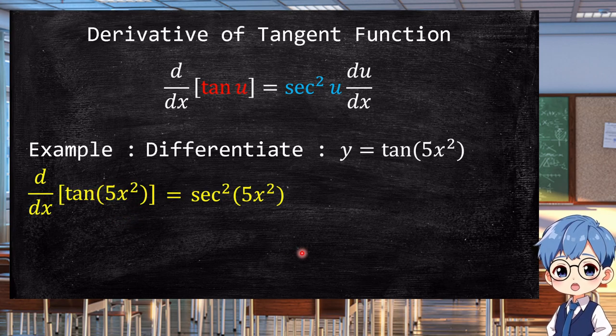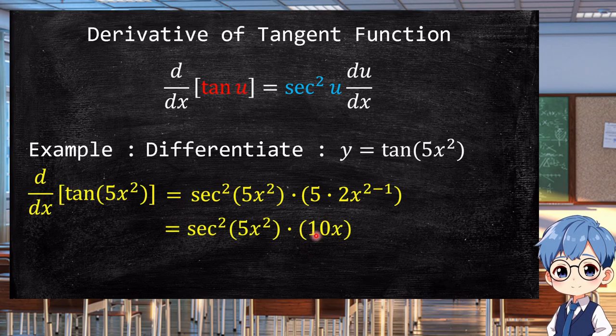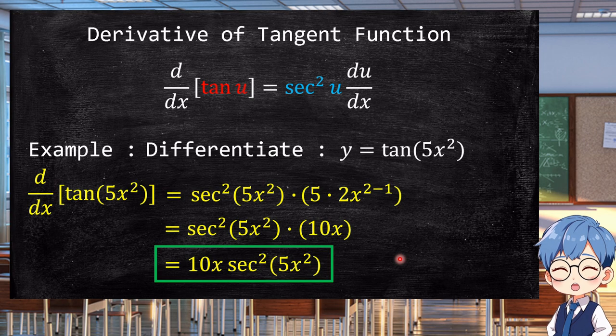We have 5x squared, so we have 5 times 2, x to the power of 2 minus 1, which is just 10x. And then we rewrite just like the previous examples. So for the final answer, we have 10x secant squared of 5x squared. Let's proceed to the next.